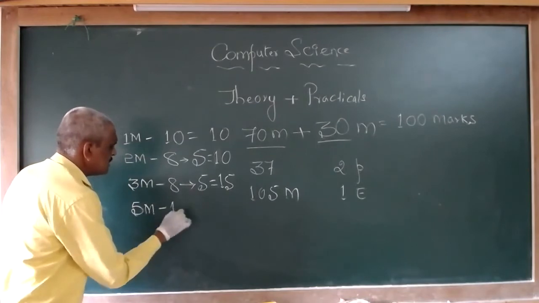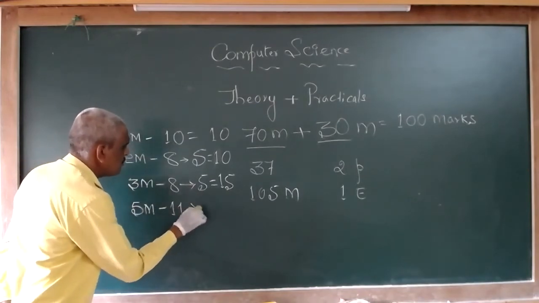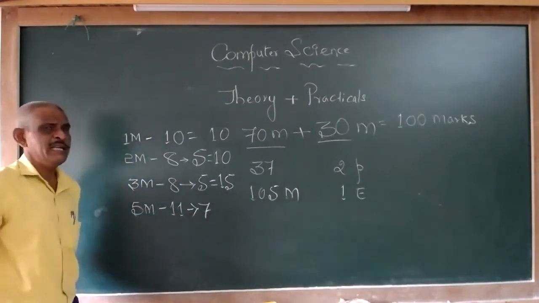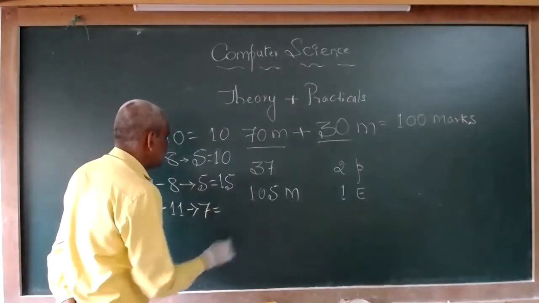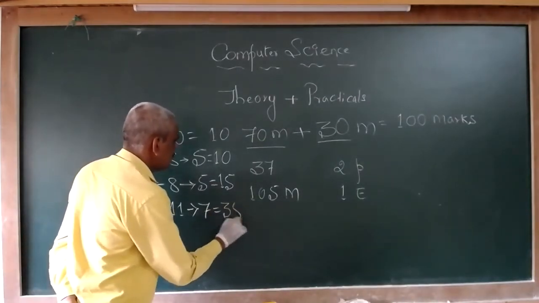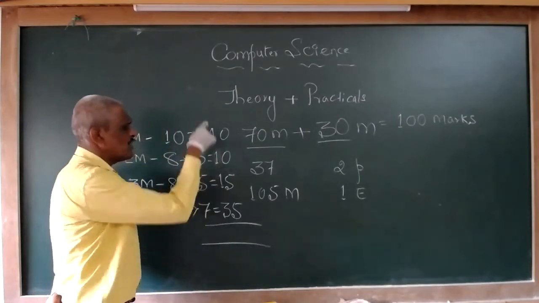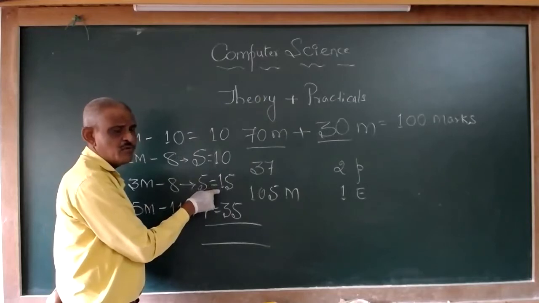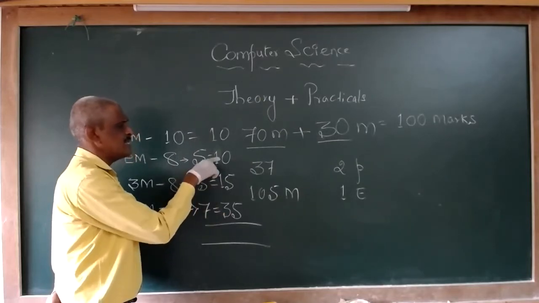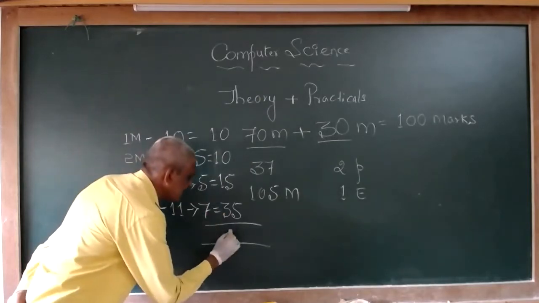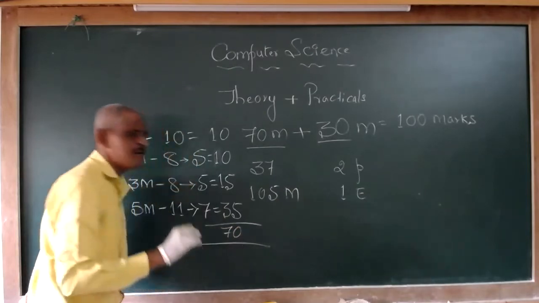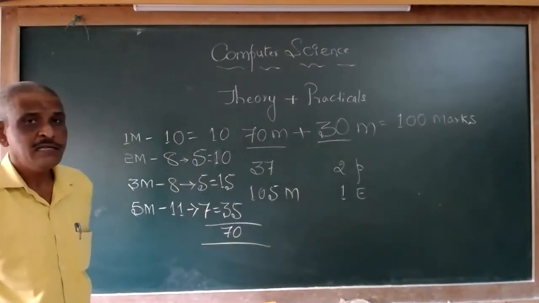There are 11 questions in total, and you have to solve any 7, so that will be 35 marks. Then make a total of these: 35 plus 15 is 50, plus 10 is 60, plus 10 is 70, which will be the maximum marks in theory.